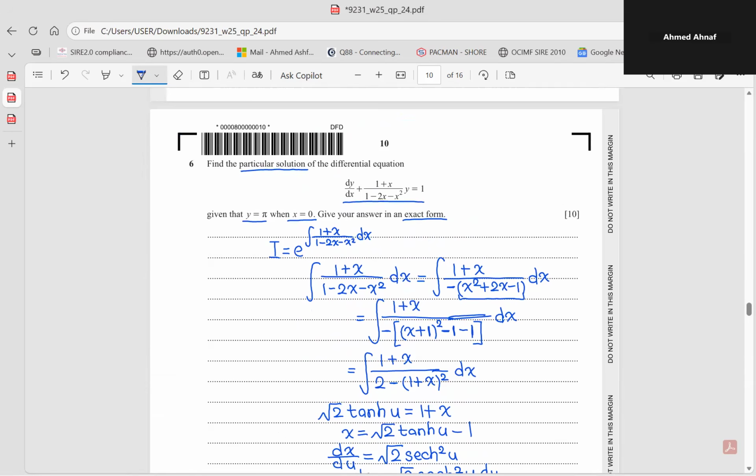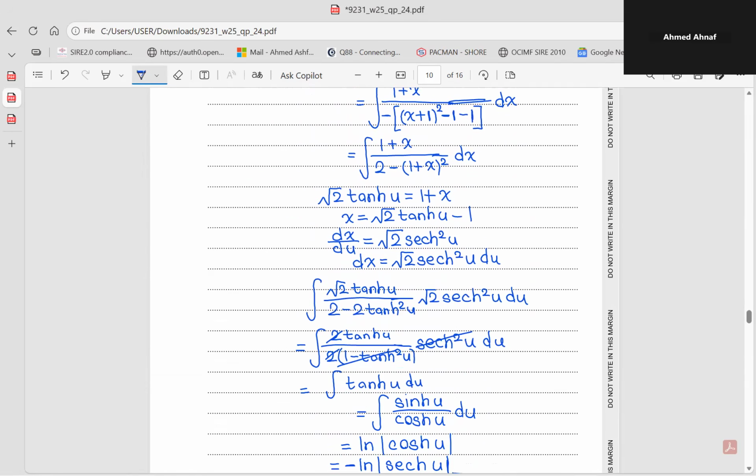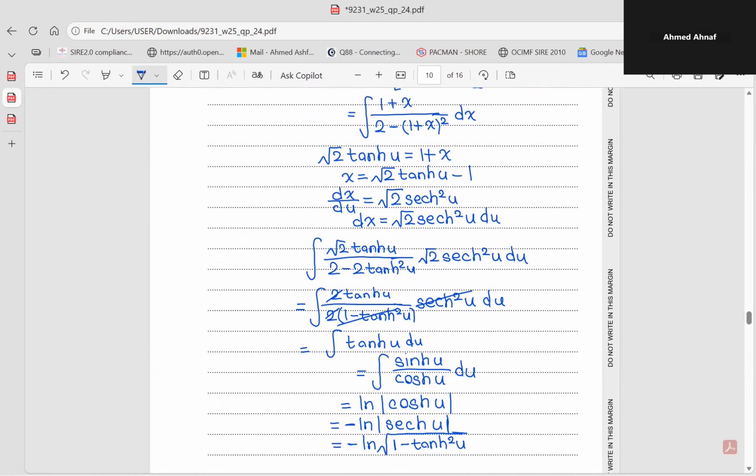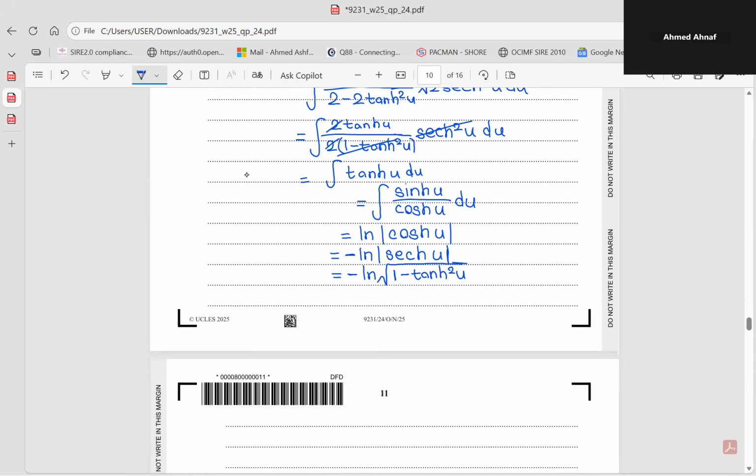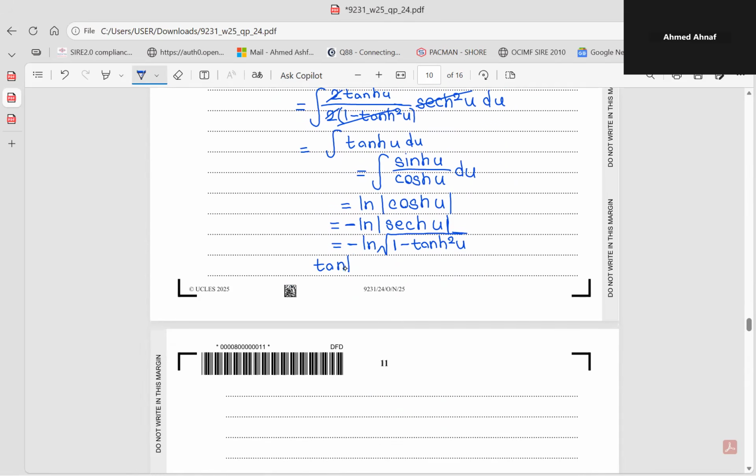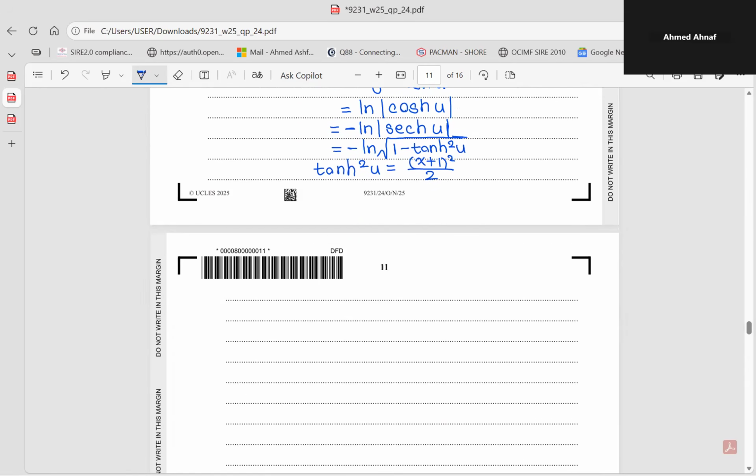Let's go back to the substitution we made. We can make tanh u the subject here. You would get x plus 1 over square root 2. And tanh square u is x plus 1 squared over 2.